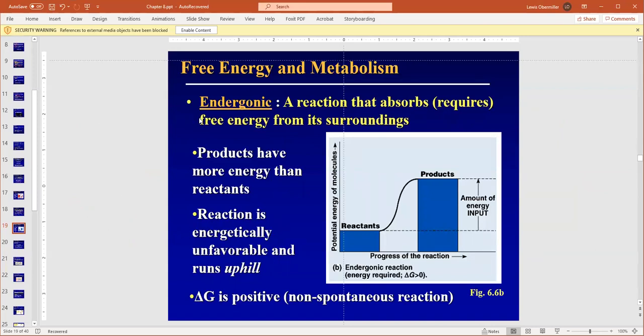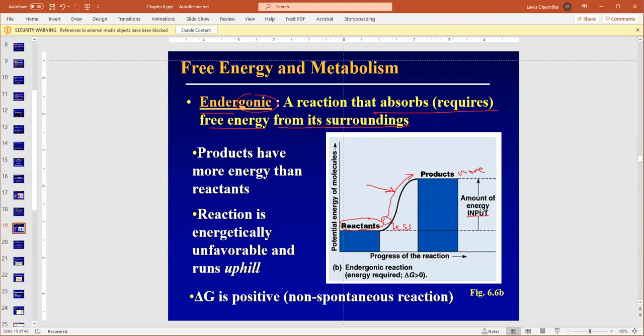So we have exergonic, and again we have this word gonic, which means energy. Endergonic means inside. So this absorbs energy, requires energy from its surroundings to make the reaction occur. In this case, the reactants have less energy than the products. You can think about it as a rock going uphill. If we want the rock to go uphill, what do we have to do?